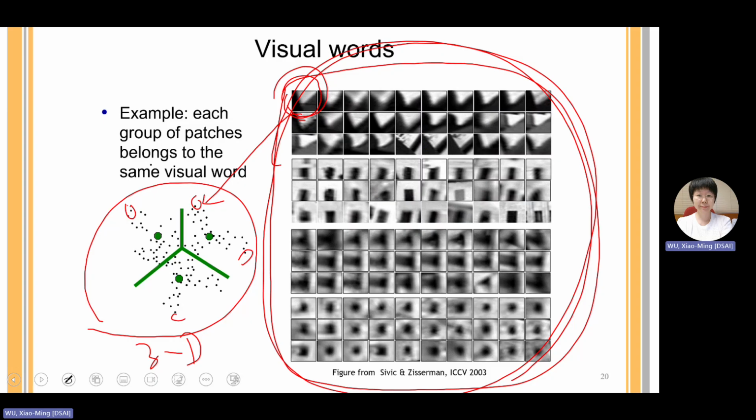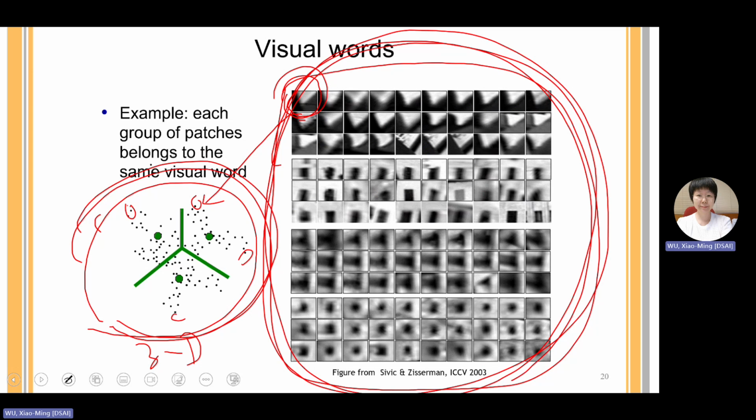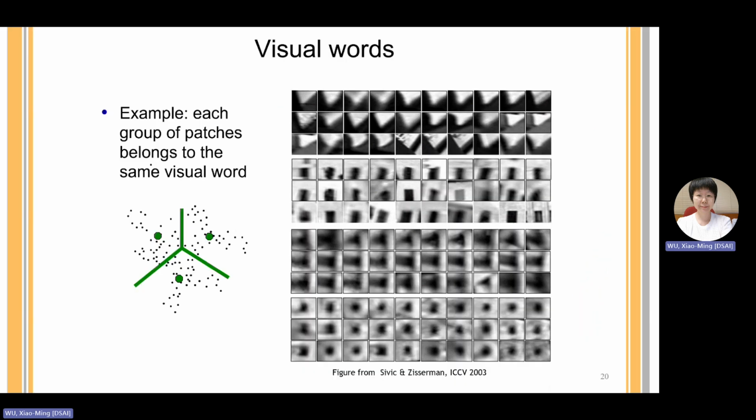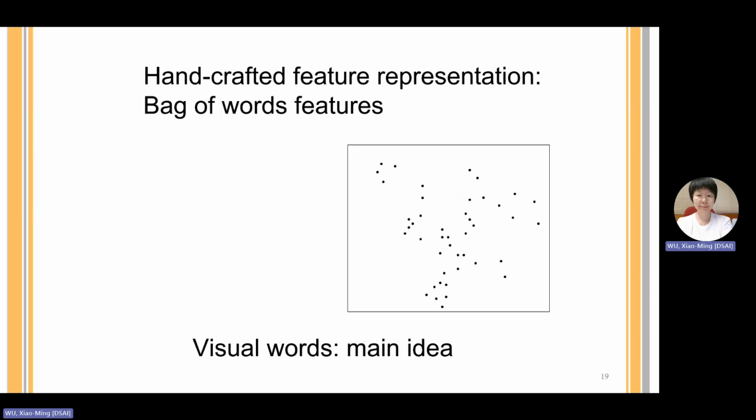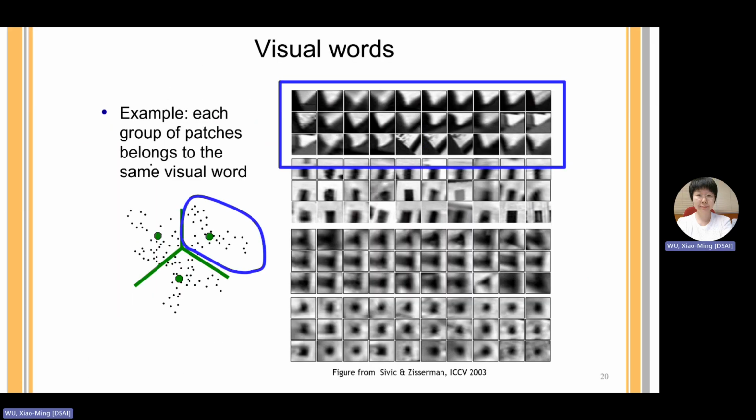Then we group these vectors into different clusters, and each cluster is considered as a visual word. So this cluster is a visual word.